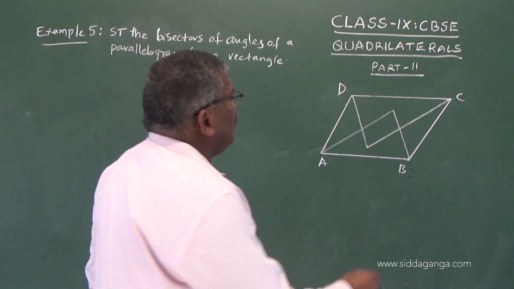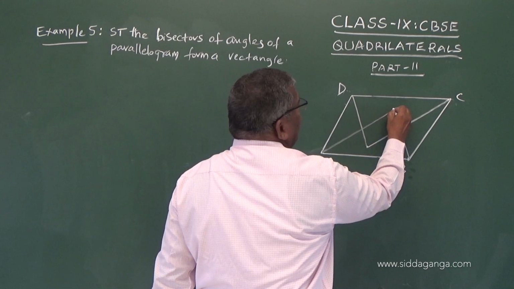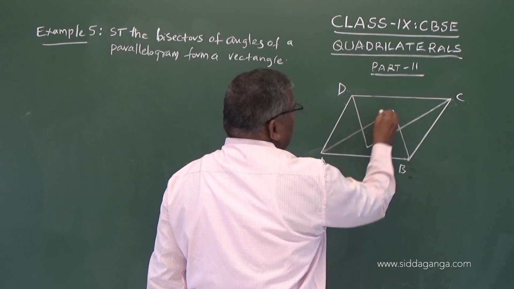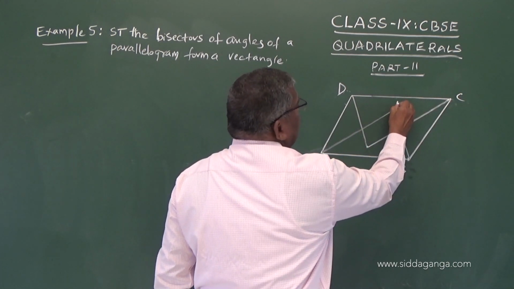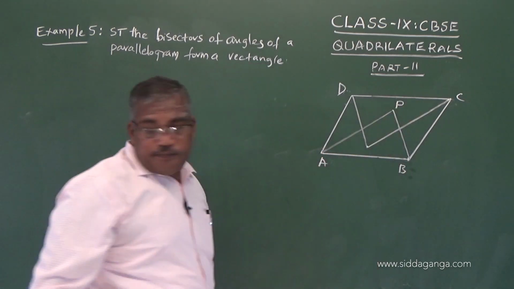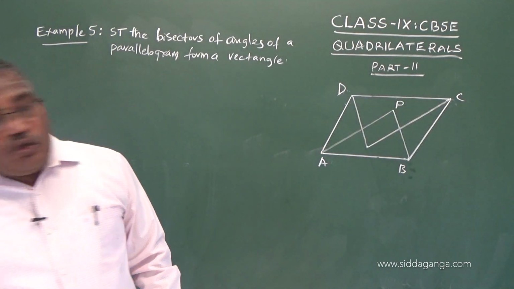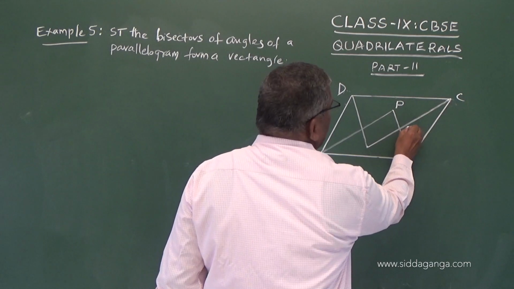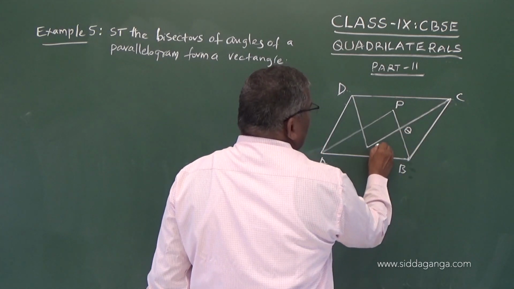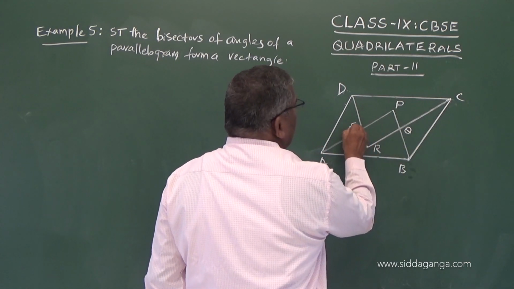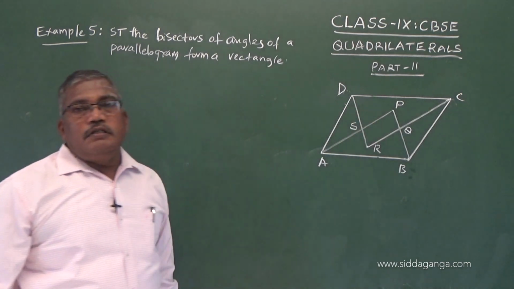These points are referred to as the points of intersection of the bisectors. This is P, Q, R or S. This is the sketch given.